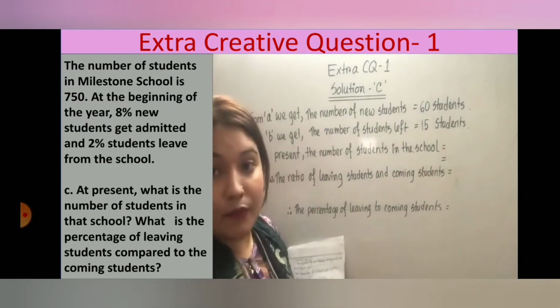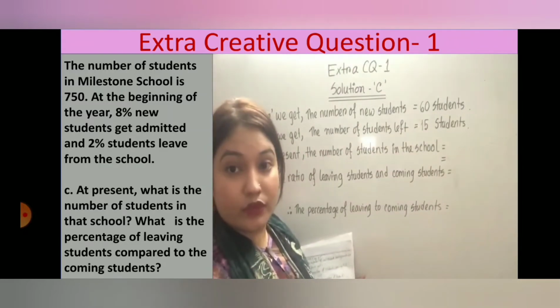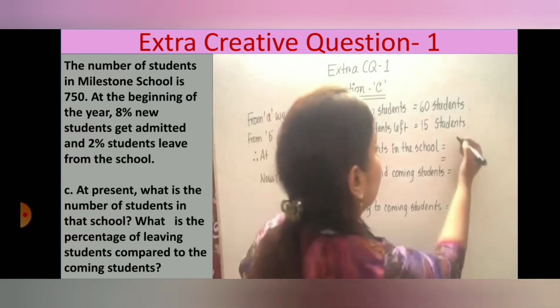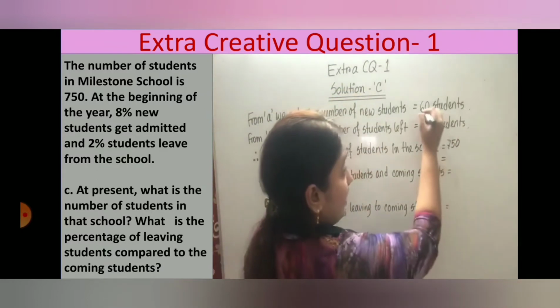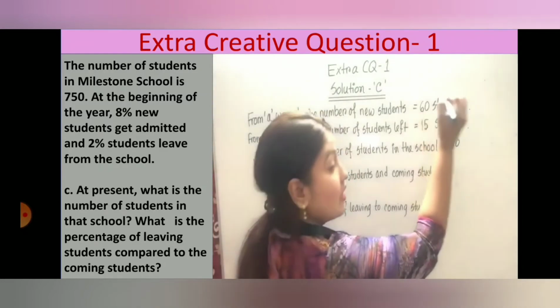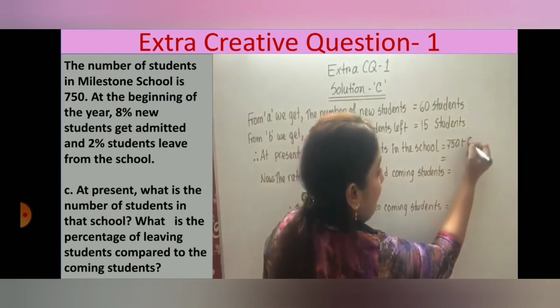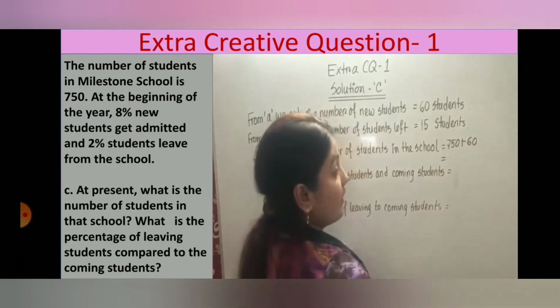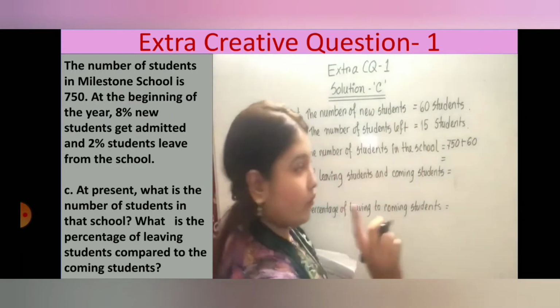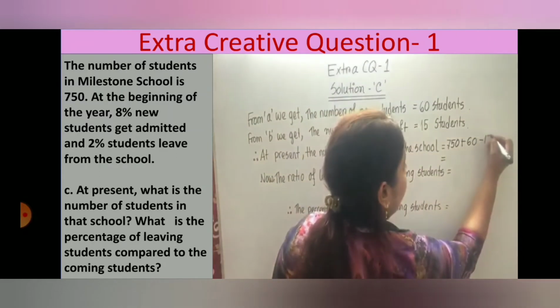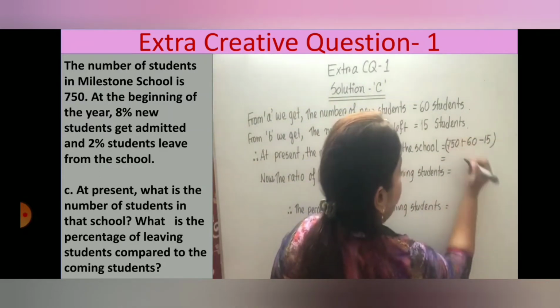So from the stem we get what was the total number of students before? Yes, it was 750. After that, how many students came to the school? Yes, it was 60. So I added 60. Then from this number of students, 15 students left the school. So I will subtract 15 from this value.